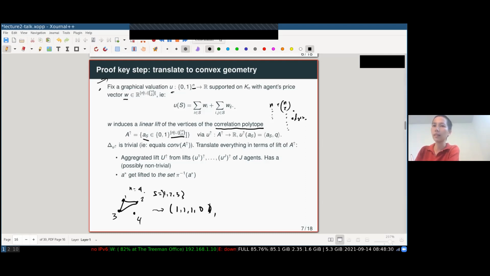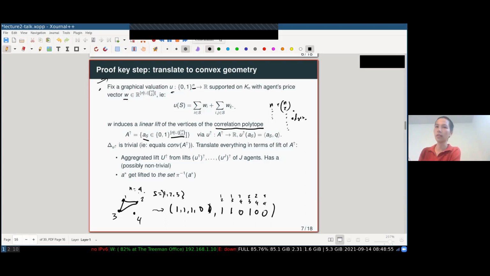The next bunch tell you which edges you have: 12, 13, 14, 23, 24, 34. Those are my next 6 coordinates. This graph has edges 12, 13, 23, and the rest is 0. So for each subset of n, I get one such graph, and each subset of n corresponds to one vertex of the cube.